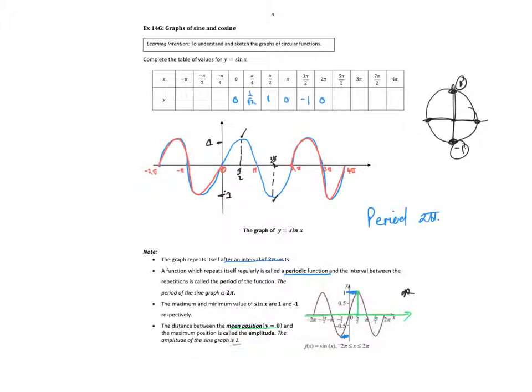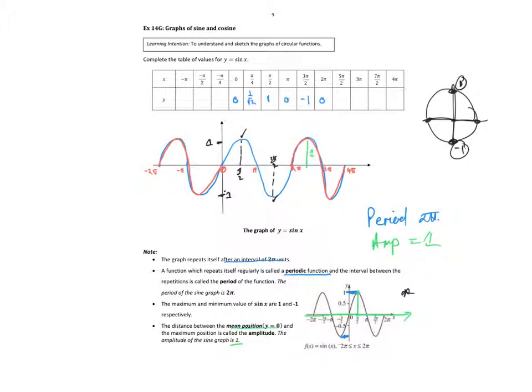And the amplitude of my sine graph is 1. So the key to remember is the amplitude just tells you the distance. So there's no such thing as a negative amplitude. All right. So my period is 2 pi. My amplitude is equal to 1. All right. They're the two key features of my sine and cosine graphs.